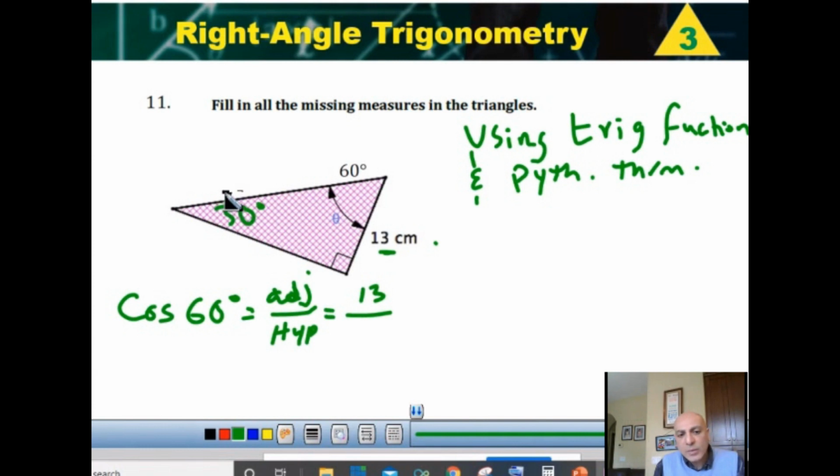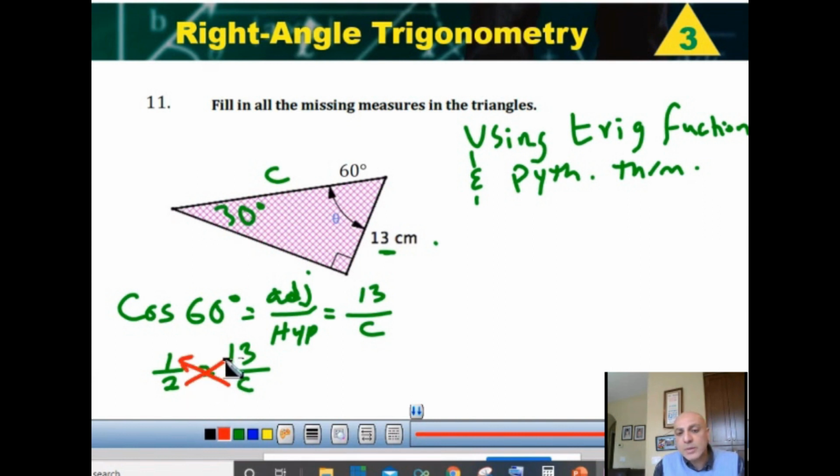Divided by C. So now cosine 60, again, we're going to talk about that more today, but we know it's 1/2 from last time. And then you just have to cross multiply. Cross multiply happens when you have an equal sign between two fractions.